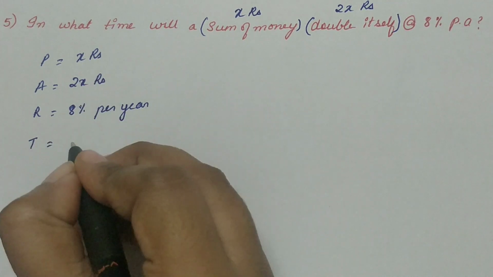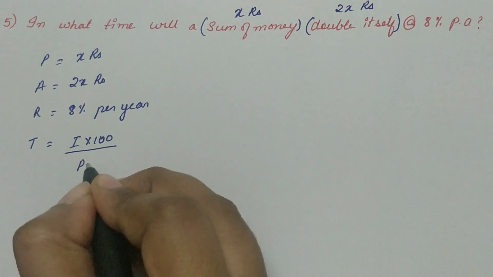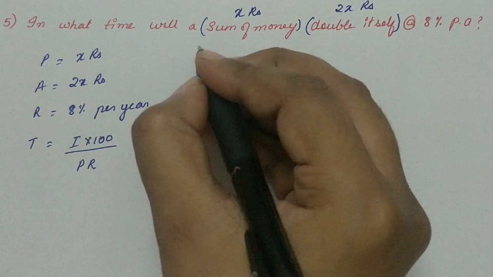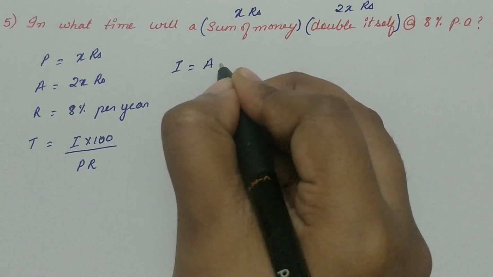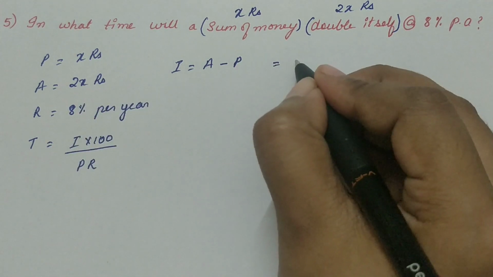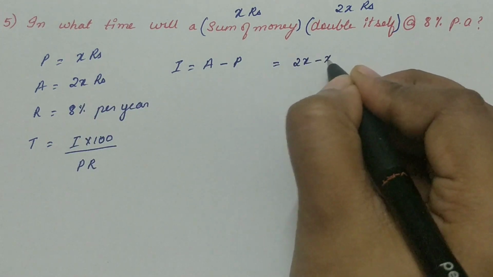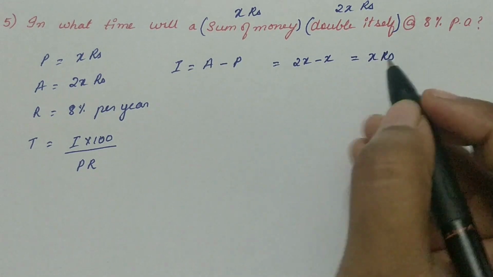Time equal to I into 100 divided by PR. We know interest I equal to amount minus principal equal to 2X minus X equal to X rupees. Interest equal to X rupees.